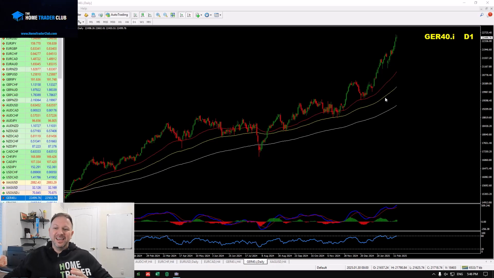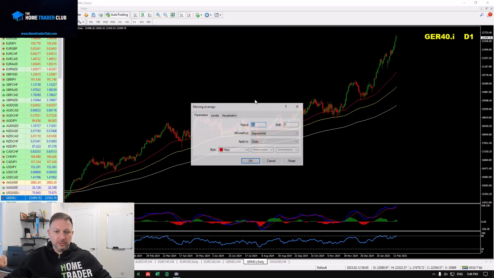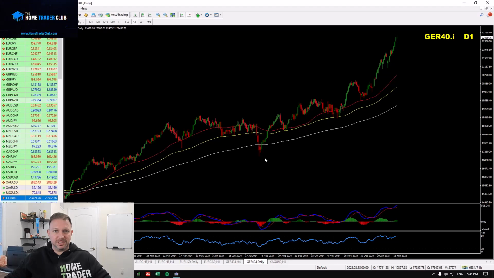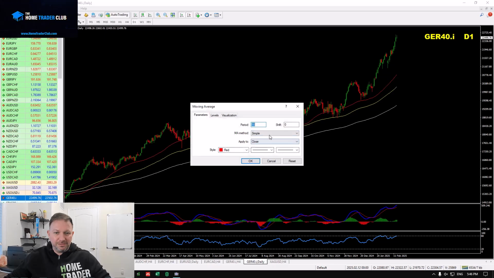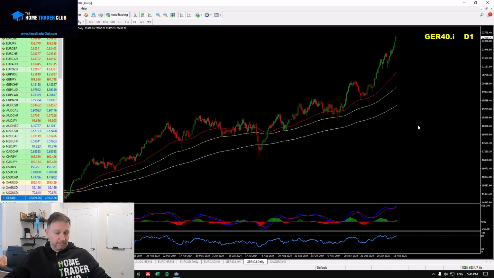Which moving averages are the best? Honestly, it is simply not as important. Take a look, just for example, this is the exponential, the way you see it right now on the chart. This is the simple. The difference will not be significantly felt when you use it properly. What do I mean by properly?